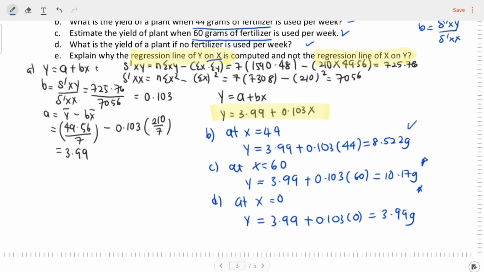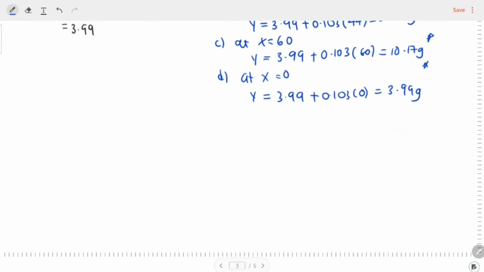You already set x values to certain specific numbers. So we study what will happen to y based on the x value. That's why it is valid to find the regression line of y on x instead of the regression line of x on y. So how do we write it down in sentences?